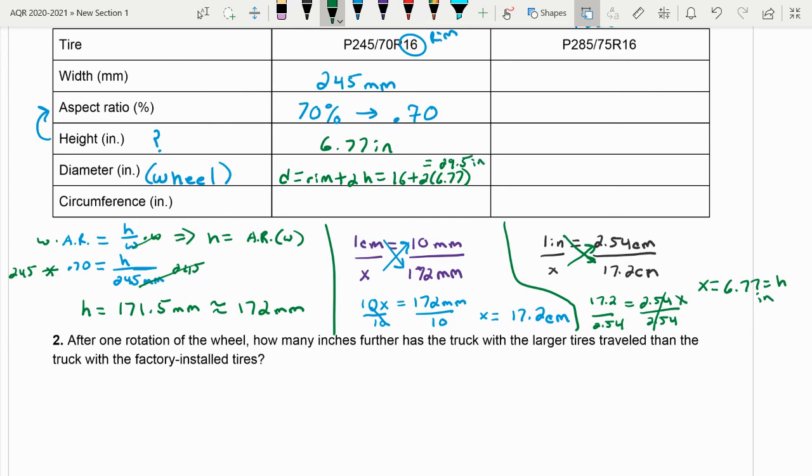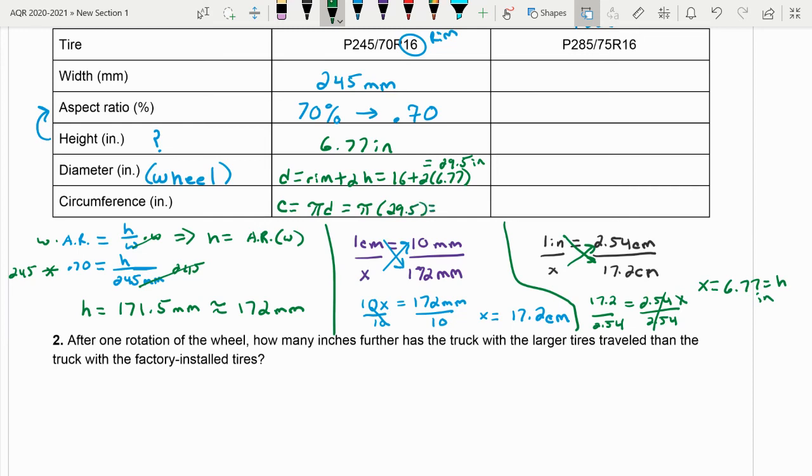Now I can calculate the circumference. The circumference equation I'm going to use is C equals pi d. So we've got pi times the diameter, which is 29.5. You can use 3.14 for pi.